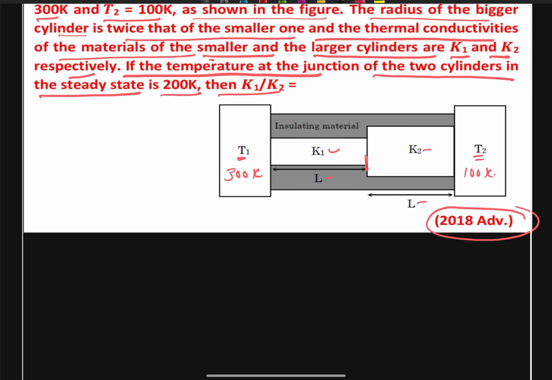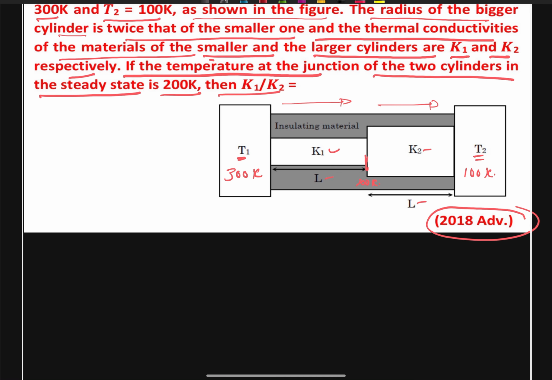It is at steady state, given as 200 Kelvin. And the radius ratio is two. So obviously the heat is going to flow from T1 in this direction to T2, because T1 is our hot and T2 is our cold bath.